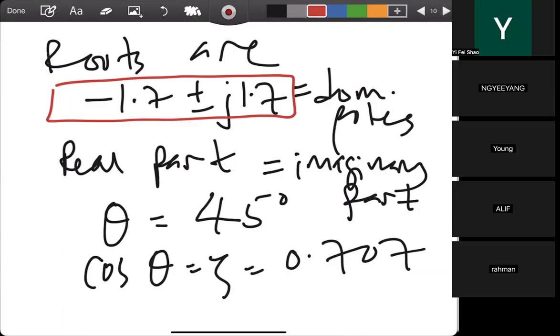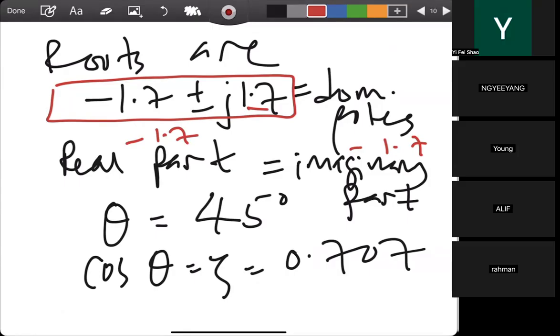As Aina told us just now, the real part, minus 1.7, equals the imaginary part, which is also 1.7. So when the real part equals the imaginary part, the angle is 45 degrees.